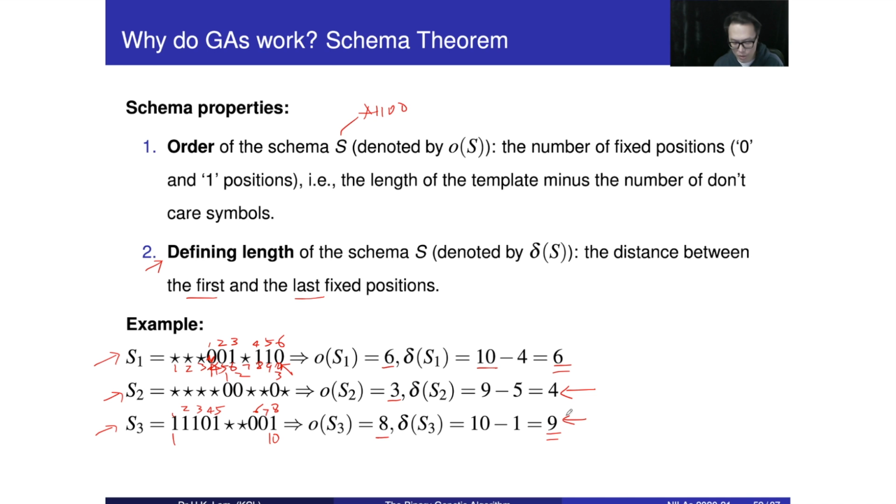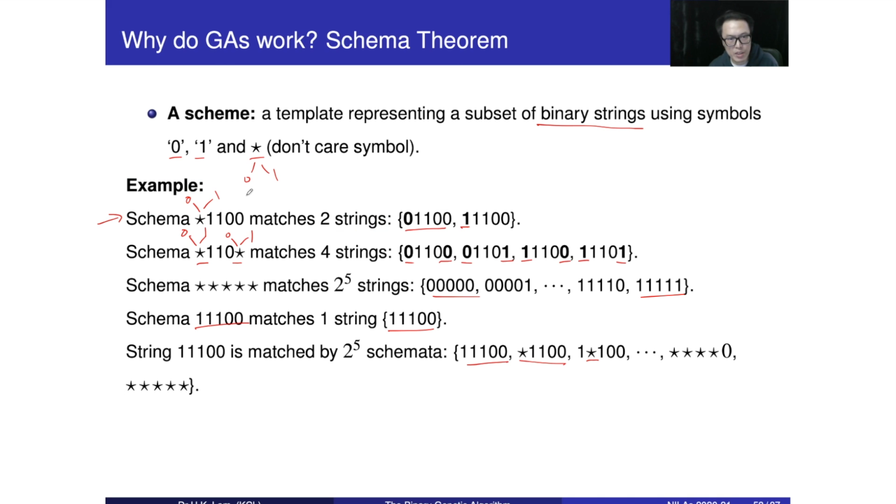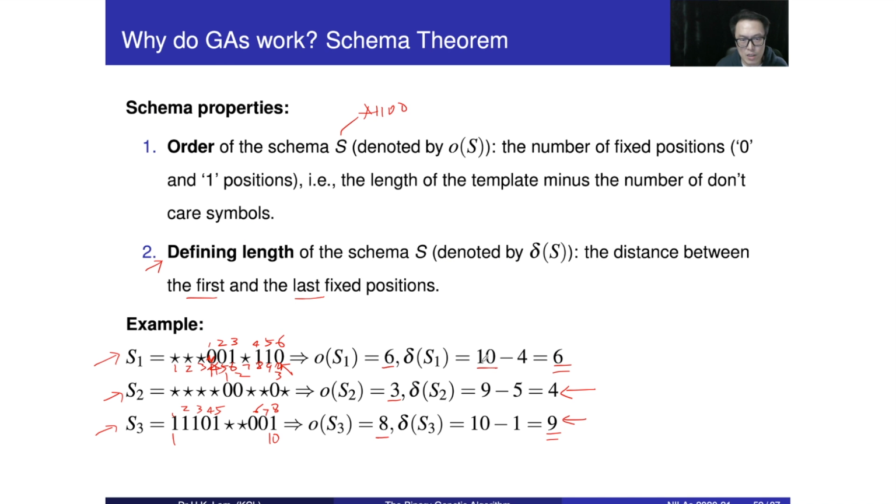When we talk about a lower order, it means, say, this order is lower than 6, and 6 is lower than 8. So when we compare the length and the order, we know which one is shorter and which one has the lower order.